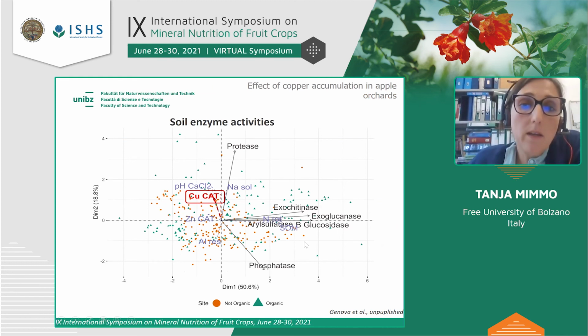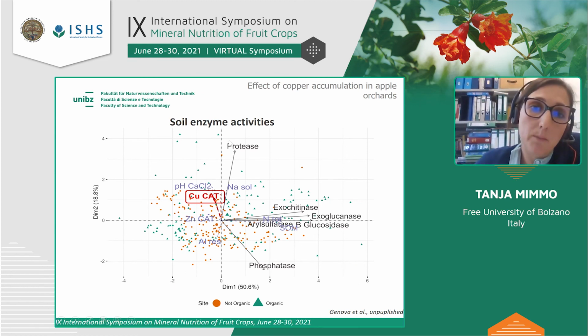As you can see here, this bunch of enzymes, namely exochitinase, exoglucanase, beta glucosidase, and the aryl sulfatase, I hope you can still read it, are all correlated together, and they are also correlated to the nitrogen content and the soil organic matter. But they did not depend on the copper concentration.